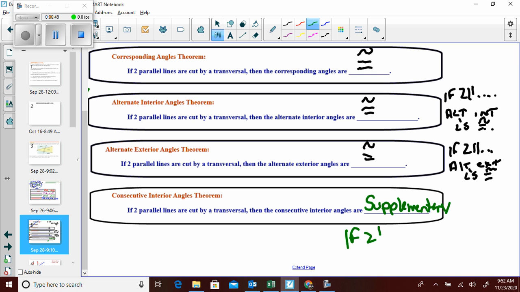So if two parallel lines are cut by a transversal, consecutive interior angles are supplementary. There's my shorthand. Okay, so make sure you have these shorthands under control.